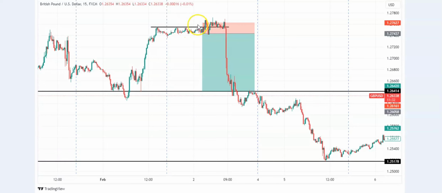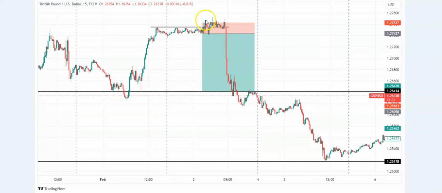Now, remember, 90% of traders lose money. So if you are among the 90% of traders who lose money, this is where you put your stops. And then 10% of traders, we take the stops, we put our entries where your stops are, or we wait for the market to sweep your stops first.